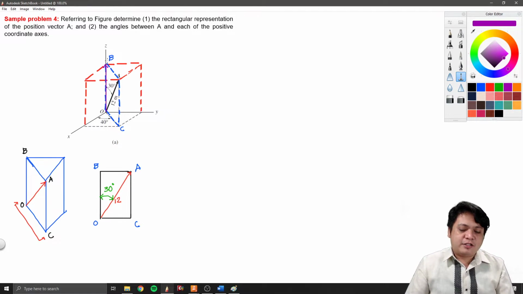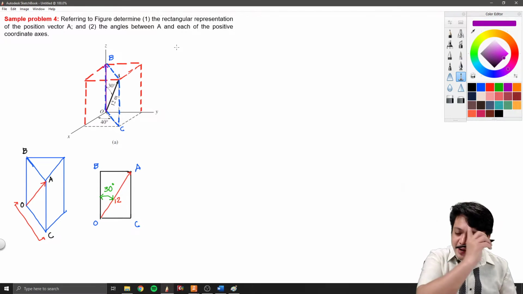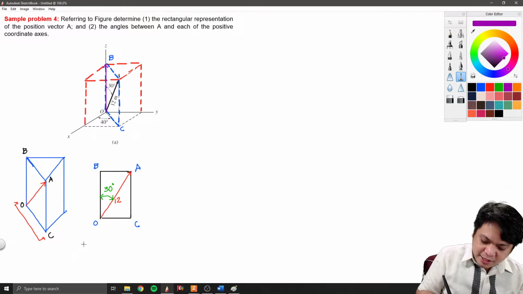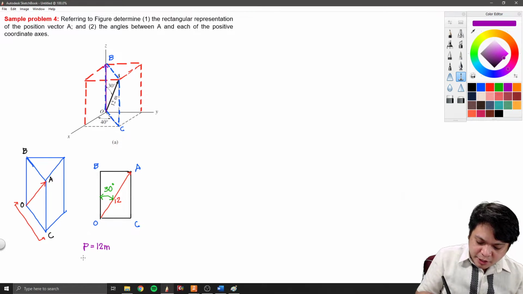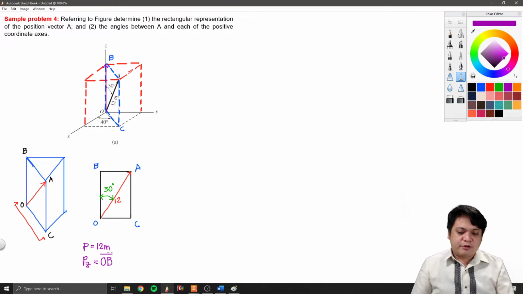So, in short, itong segment OB, iyon na kagad yung vector OB. Sabihin na natin, position vector kasi siya, tawagin natin siyang P. So, yung P natin, we will be having here as 12 meters. Yung kanyang component, tawagin ko siyang PZ. That is actually your segment OB.